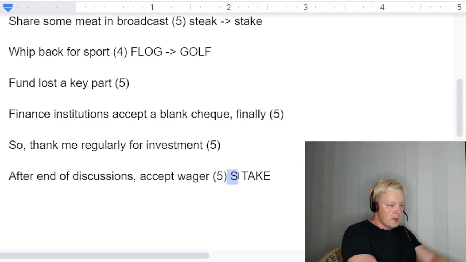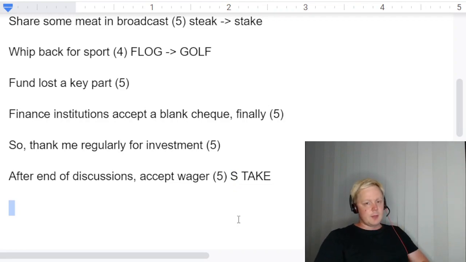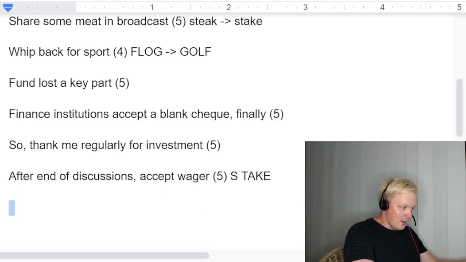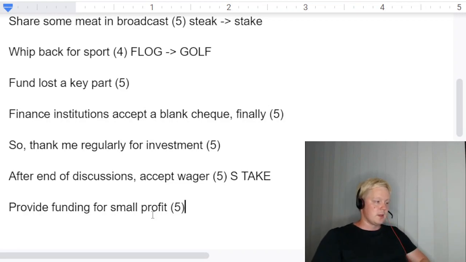Now, when we look at this, we see that we use the individual letter here. Now, often in cryptic crosswords, you're going to need some abbreviations, some knowledge of abbreviations. For example, we might have the same type of clue written like this: provide funding for small profit.